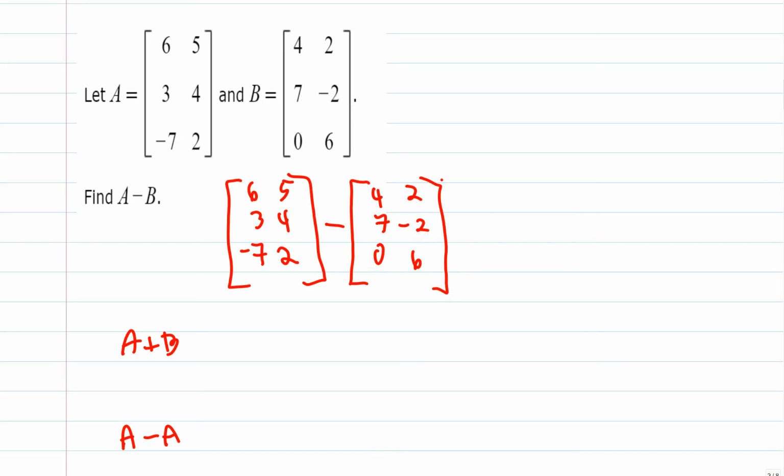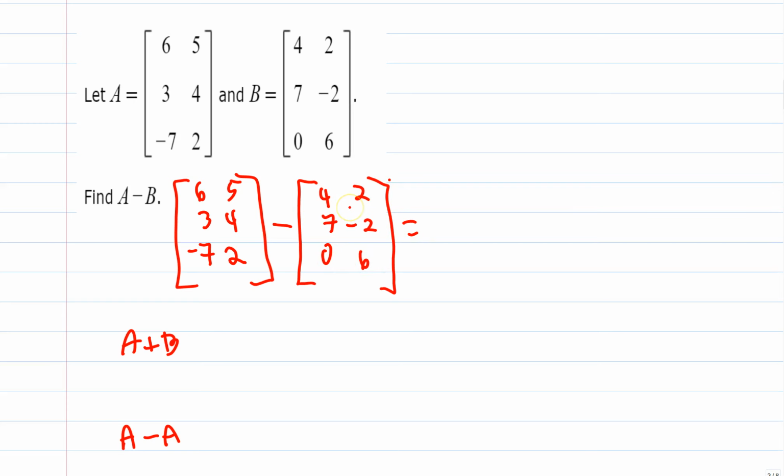Okay? So before I just subtract these, I'm going to distribute the negative. When you subtract a matrix, everything in there changes signs. So this A minus B is basically the same thing as A plus a negative B.